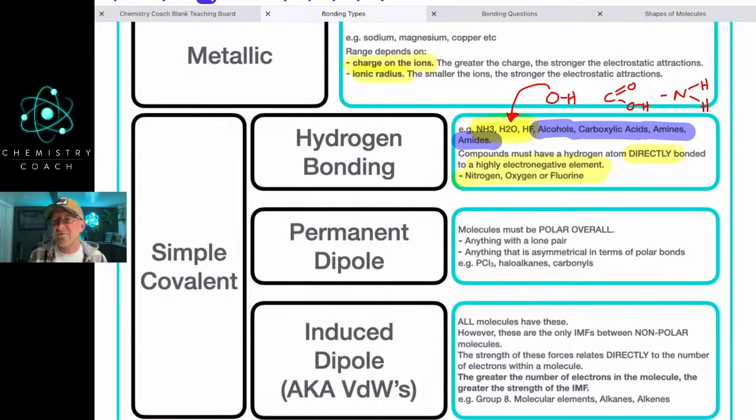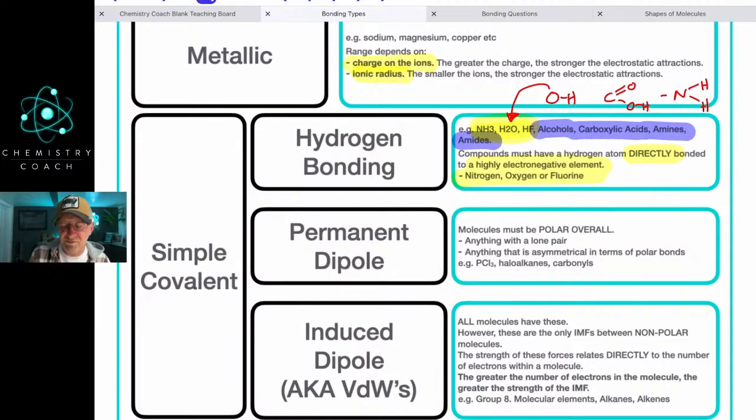So my advice would be, if the question does talk about solubility, then ask yourself, does that organic molecule have hydrogen bonding? Look for an OH or an NH. If it does have it, then it's likely to be soluble. If it doesn't have it, it will not be soluble in water. So only these things, and maybe not even amides, are soluble in water to any extent.